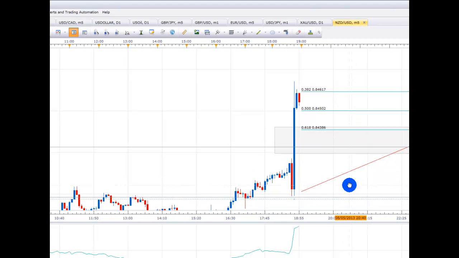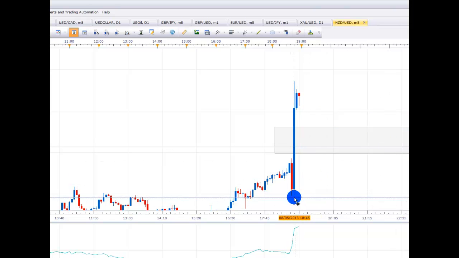Now, it depends on your own thoughts. If you want to use this trade plan analysis, but you believe that you want a bigger stop, where would you place it? Now, I'm placing my stop below the news candle low.